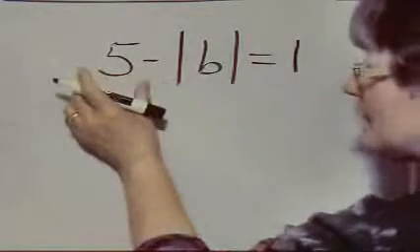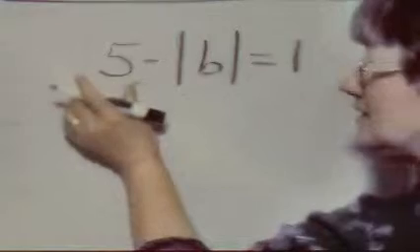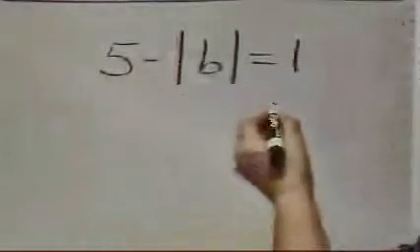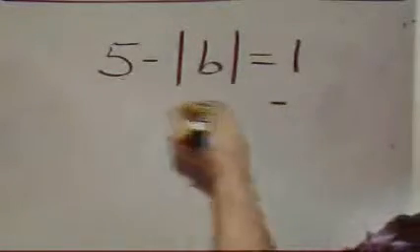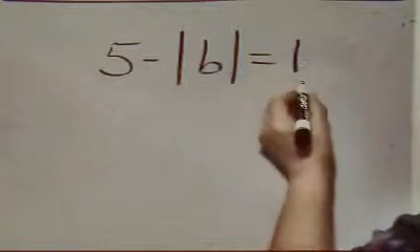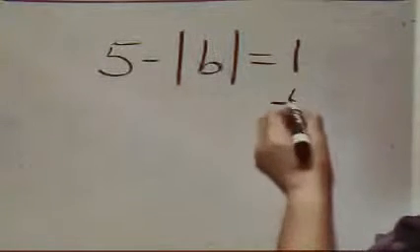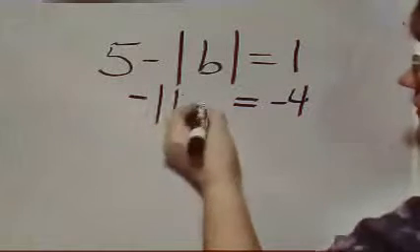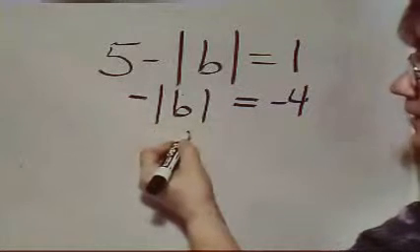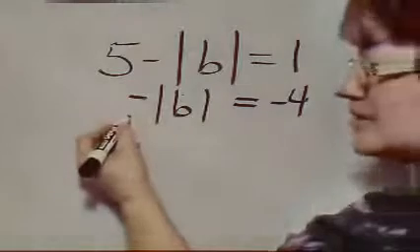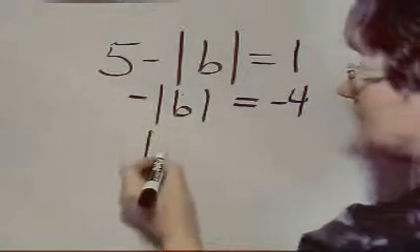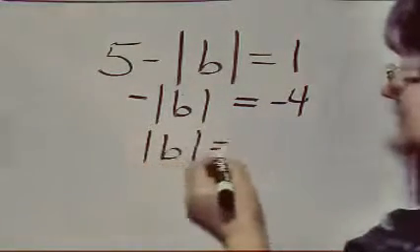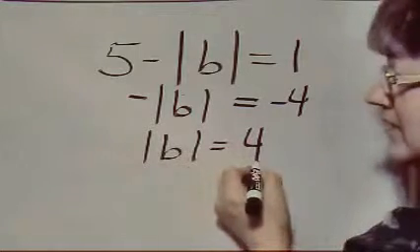That means I have to subtract 5 from both sides. Subtracting 5 from both sides gives me minus 5 over here, and with the plus 1 that gives me a minus 4. Remember, you still have that negative sign in front of the absolute value of b. So if I multiply both sides by negative 1, I get the absolute value of b is equal to positive 4.